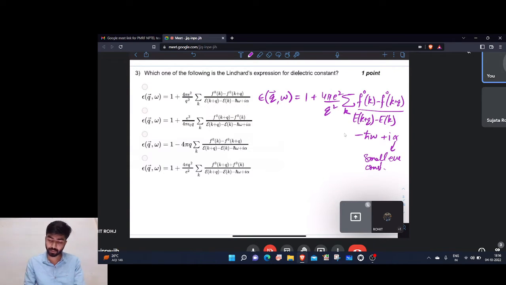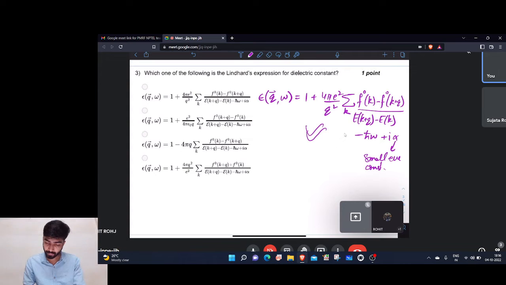So this expression, the Lindhard expression, is a generalized expression which reduces down to Drude's model if one simplifies and considers all of Drude's assumptions. This means that this expression is in general form correct. It matches correctly with only one option here.